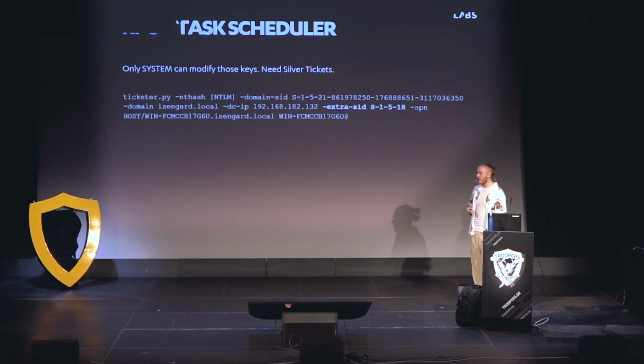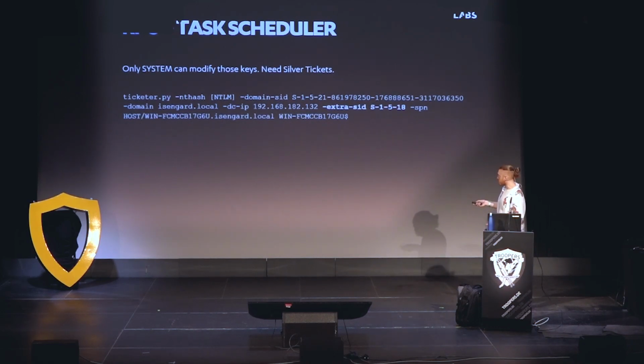It means that you need to use something like silver tickets, and then you need the NTLM hash of the computer account that you want to target to make sure that you're authenticating, but you also have the SID of the system user in your request. If you do that, again, I'm not going to read every part of the command, but basically you can forge a ticket for a remote host and impersonate the system as well, and that will allow you to modify the registry keys associated with the scheduled task.